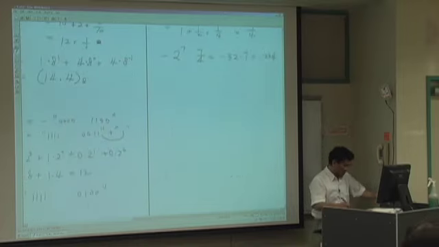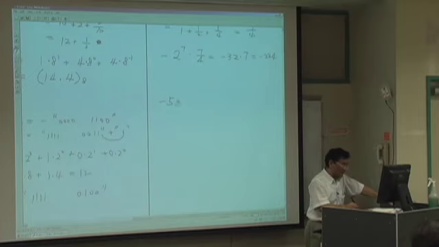The next case is minus 5.5 with base 10, which can be written in the same pattern, right? Before doing it, I will convert it to bits, just straightforward binary numbers. I will write it this way: 2 to the power of 2, which is the maximum power possible, then 2 to the power of 1, 2 to the power of 0, 2 to the power of negative 1, and so on.